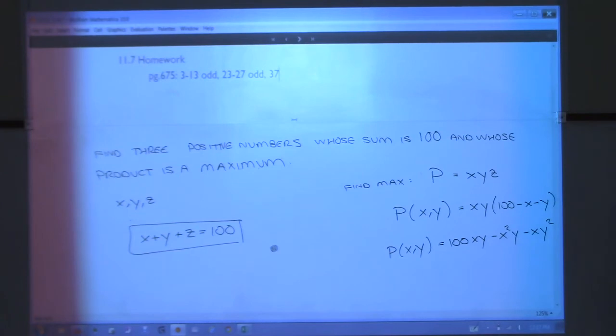This whole section is about trying to find the maximum and minimum of a function of 2 variables. Do I have some sort of restriction on x and y?